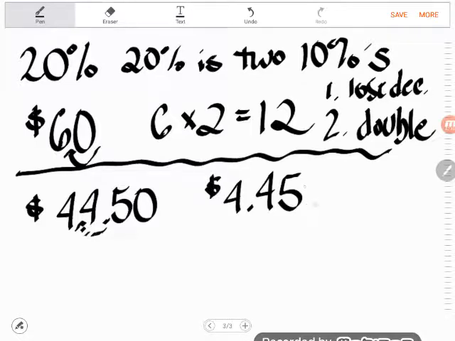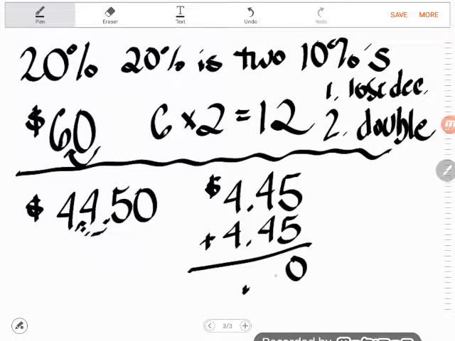And anyway, we don't ever use 3 decimal places in money. That wouldn't even make sense to us. But now I have $4.45, but that's just 10%, so I need to double it. Now, I could multiply it by 2, but remember, I'm trying to do this in my head. I often think it's easier to add in my head, but it's the same thing. And I find out that I should tip them $8.90.